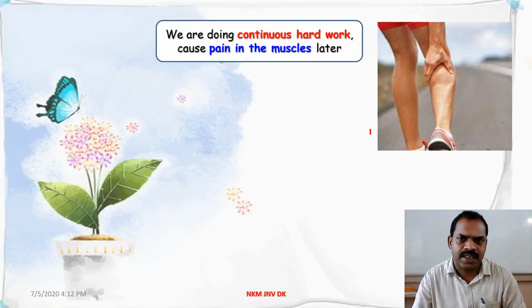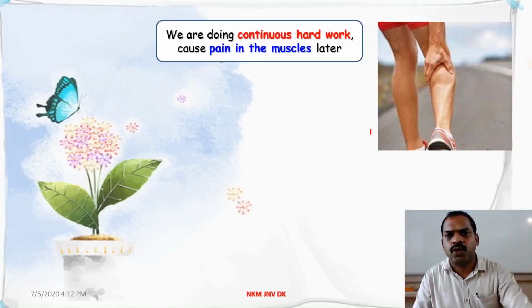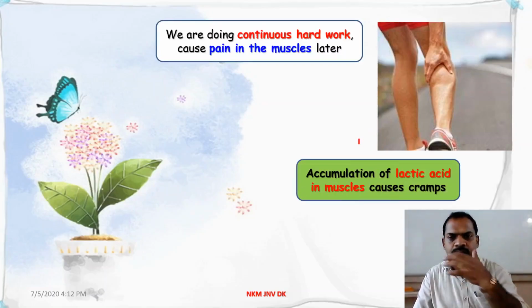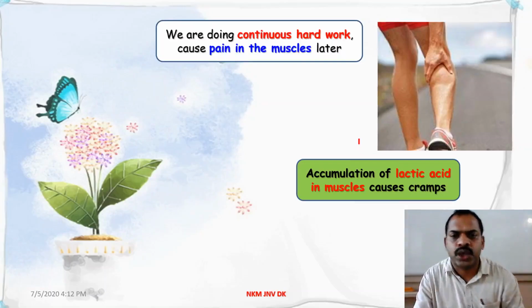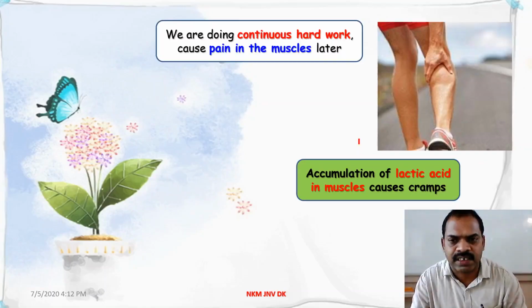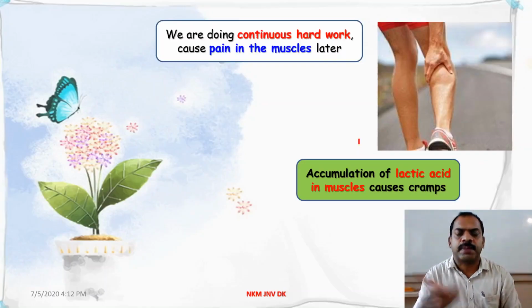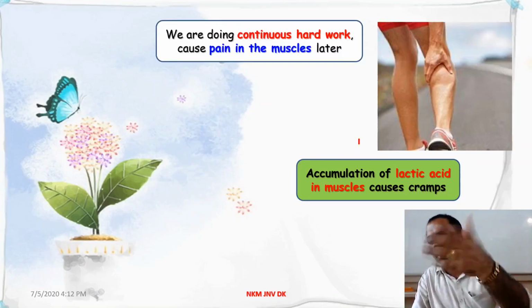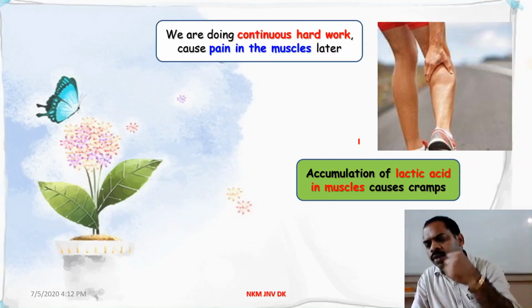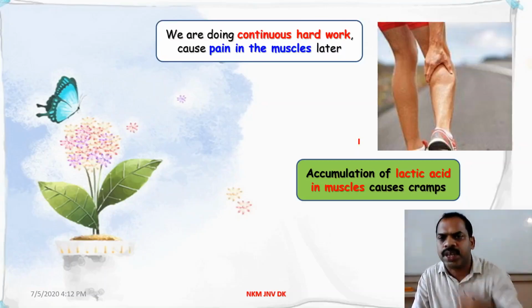What is the reason? Why do you feel that pain? The reason is accumulation of lactic acid in muscles. That causes the cramps, muscular cramps. Sometimes you may not be able to move at all. Next day, heavy pain, severe pain.